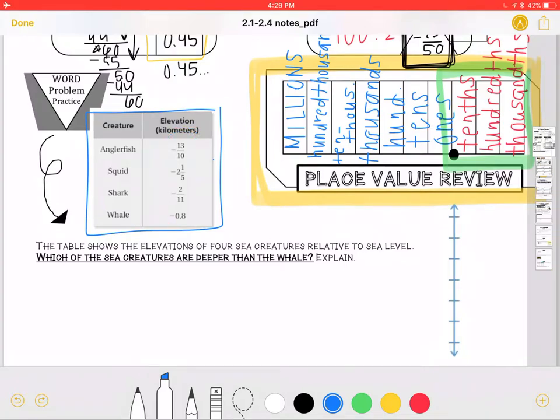So what I would suggest, and I'm not going to go through this entire thing with you, is to convert all of your fractions to decimals or decimals to fractions and then have them all have the same denominator. Try to figure out which of the sea creatures are deeper than the whale. Try that on your own.